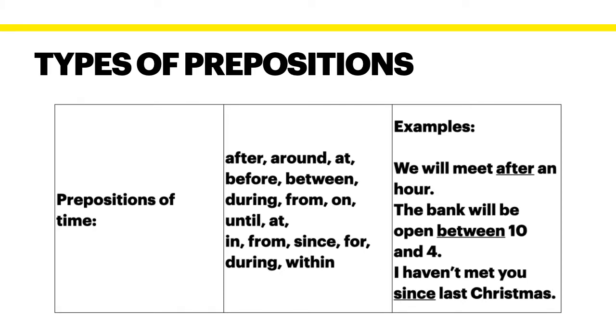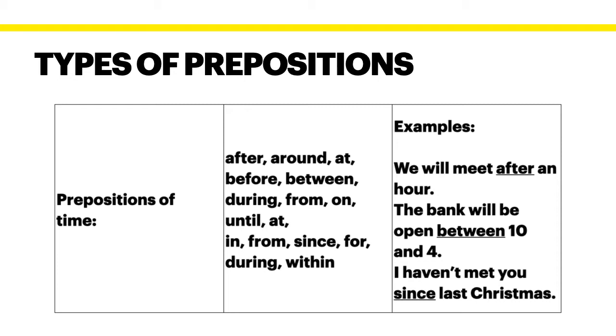Now let us look at different types of prepositions based on their function. The first type is called prepositions of time. These are prepositions that show a relationship of time. We know prepositions show a relationship between two words in a sentence, and when the relationship is one of time, then they are called prepositions of time.